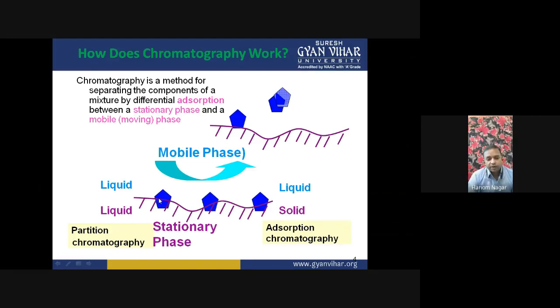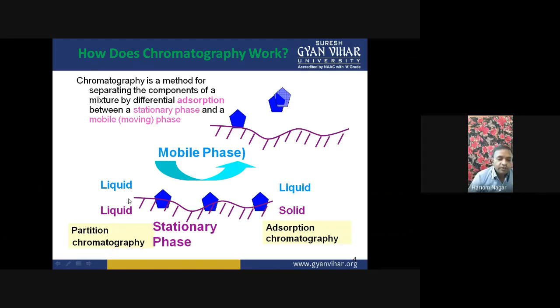Because if a component is partitioned within the stationary phase for more time, it will be retained in the stationary phase. It will not move. But the component which interacts for more time with the mobile phase will move faster because the mobile phase is moving.